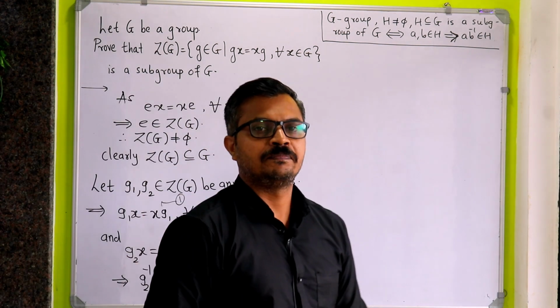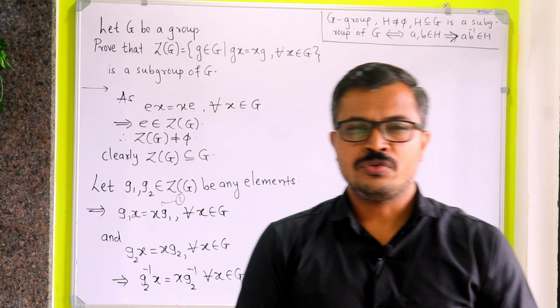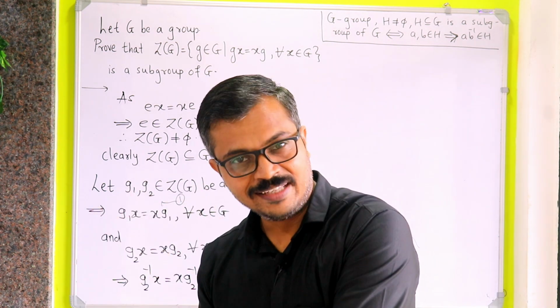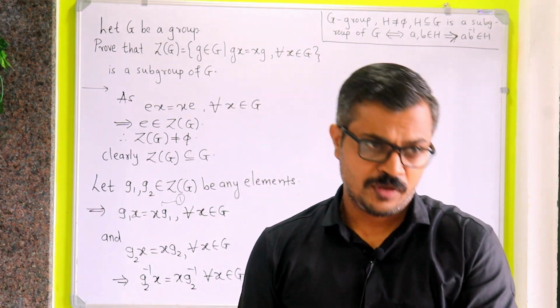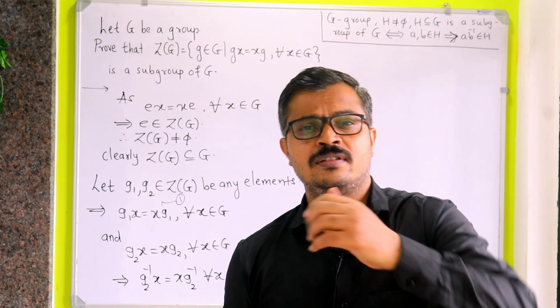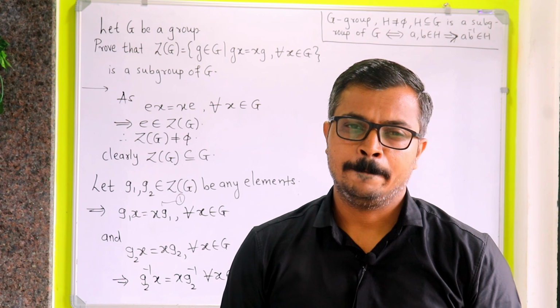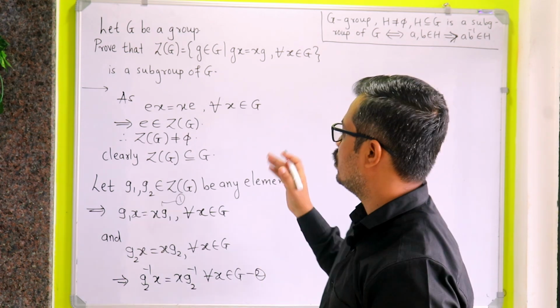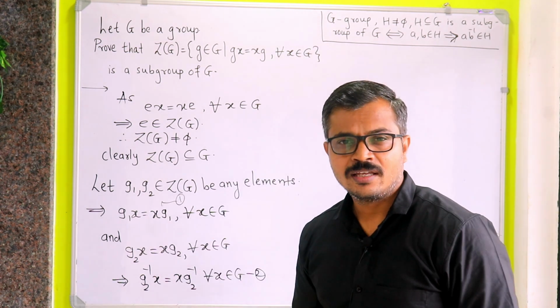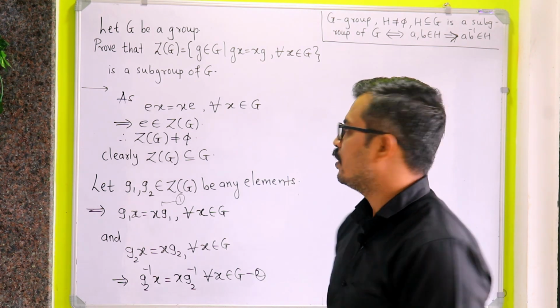Now as we have to show g1 g2 inverse lies in the center of G, we have to show g1 g2 inverse commutes with every element of G, and thus I am going to start with g1 g2 inverse x, where x can be any element of G, right?